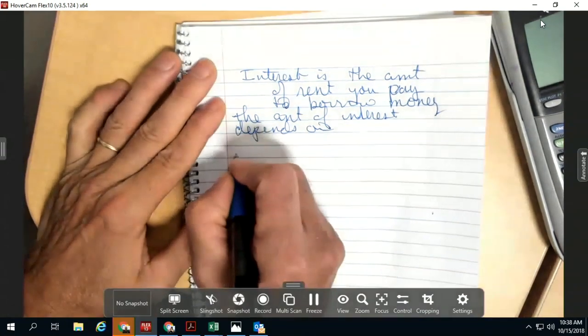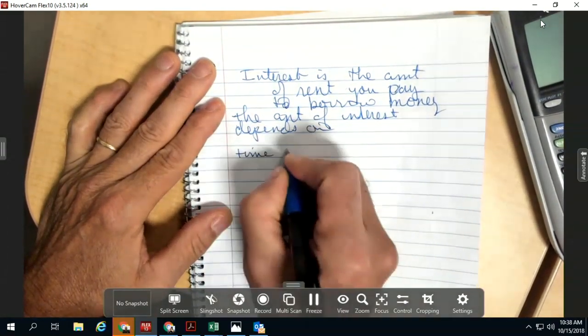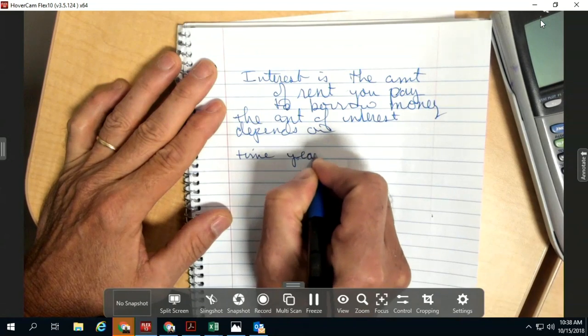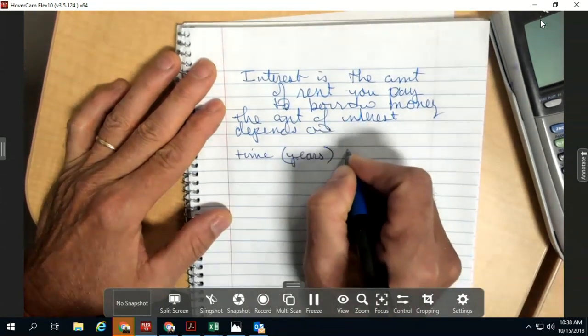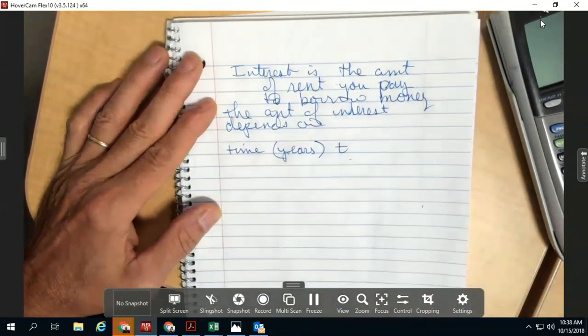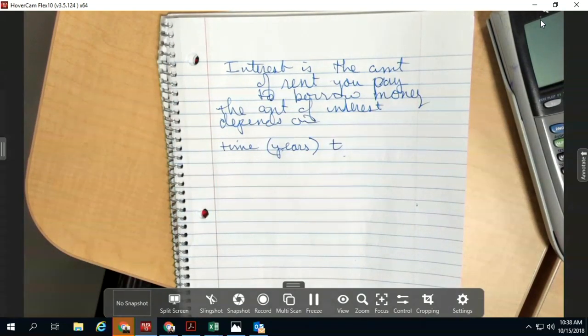Good. Time is usually in years. It's abbreviated T. So my $42,000 could be that I need to pay that because back when I was a kindergartner, I borrowed 50 cents from one of my classmates.